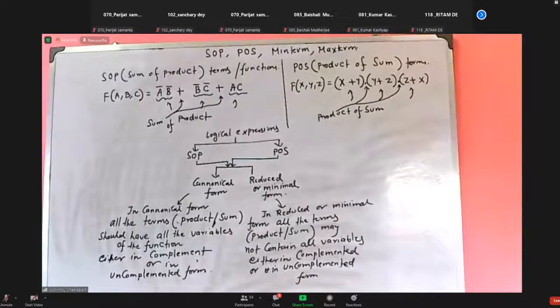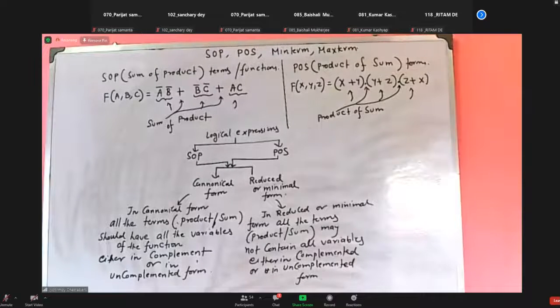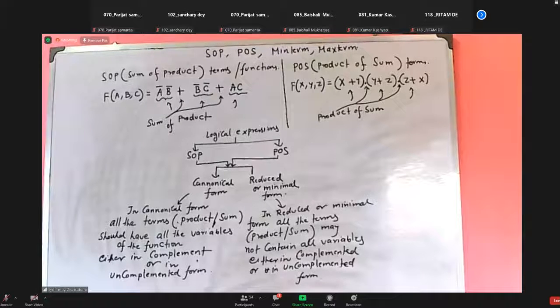Because look at the SOP function. So SOP function consists of A bar B bar plus B bar C bar and CA. So all the product terms, say A bar B bar, does it contain C? Answer is no. B bar C bar, does it contain A? Answer is no. So that means all the terms do not contain all the variables of the function.